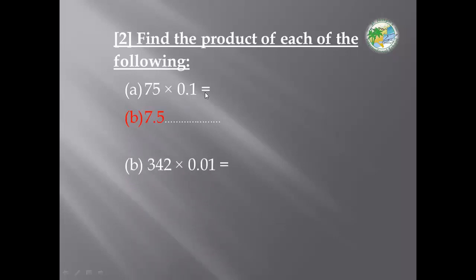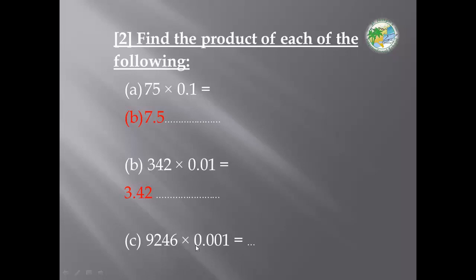Now 342 times 0.01, the decimal point after 2 digits. So we write the number and put the decimal point after 2 digits. Who can answer? I'll wait 30 seconds. Fine, very good. 3.42. Excellent.